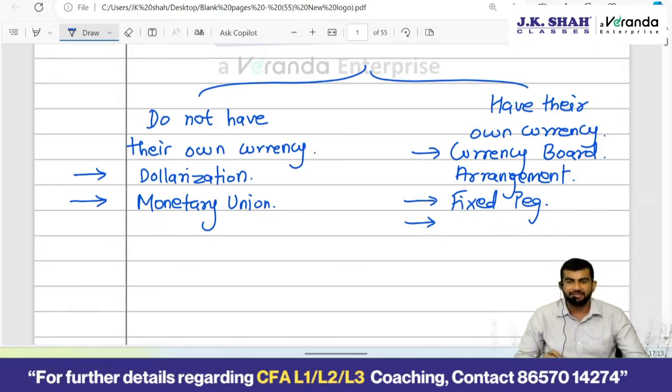Now we had discussed the issues with pegging. Pegging is done to give stability to the investors and all, but then the issue is that the central bank loses its independence. The pegged exchange rate has to be maintained either by playing with the foreign exchange reserves or tweaking the interest rates. The central bank loses its independence in the sense that if my country is pegging its currency to another country's currency and the other country hikes the interest rates, naturally that country's currency will appreciate in value and my country's domestic currency will depreciate in value.